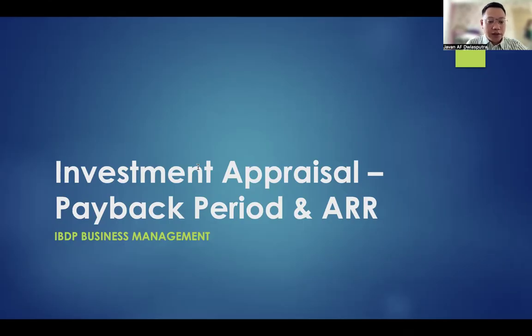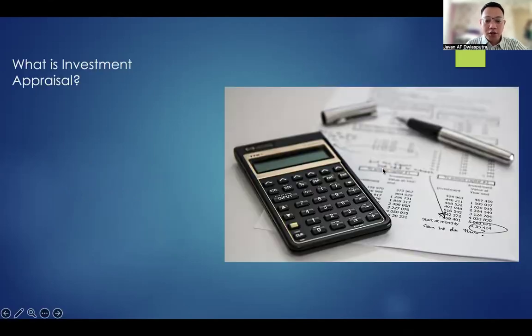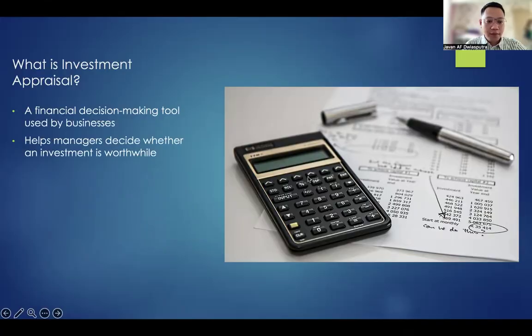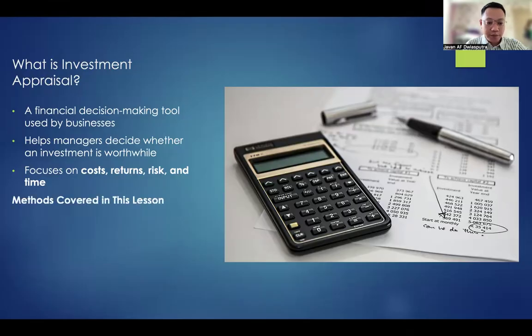These methods are commonly tested in the IBDP Business Management syllabus, and they help businesses compare different investment options based on risk, cost, return, and time. Today our main focus will be on the payback period, including two calculation methods supported by a real business example.